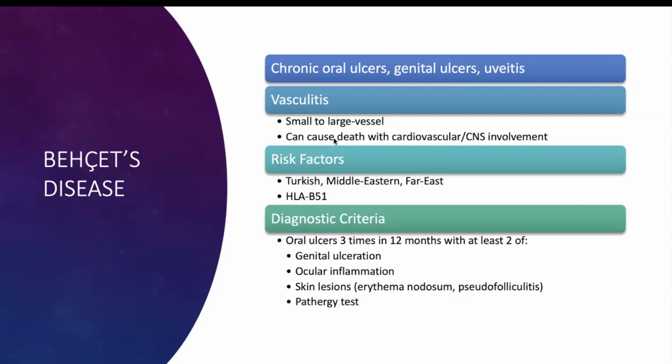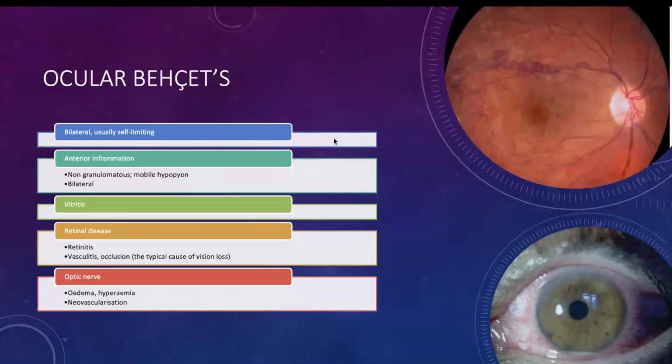And while the ocular manifestations tend to be the presenting complaint in maybe only 10% of patients with Behçet's, up to 70% of patients with Behçet's will have ocular symptoms at some point. It just doesn't tend to necessarily be the most typical presenting feature, but it's definitely a feature that they need chronic review for. So ocular Behçet's is almost always bilateral, and if it's not at presentation, it will end up affecting both eyes at some point.